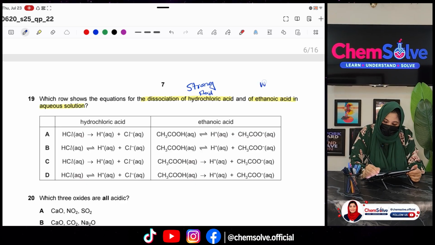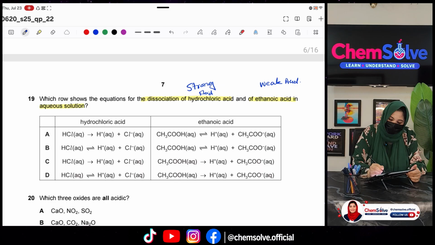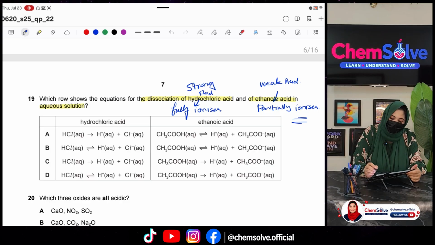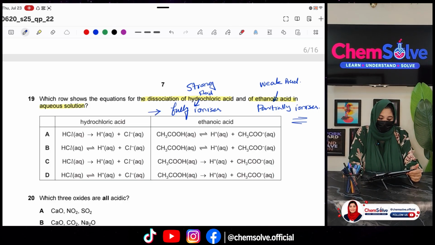And ethanoic acid is the weak acid. Strong acids fully ionize and weak acids partially ionize. If they partially ionize, it means they will be shown with the reversible sign, and if they fully ionize, they will be shown with the irreversible sign.